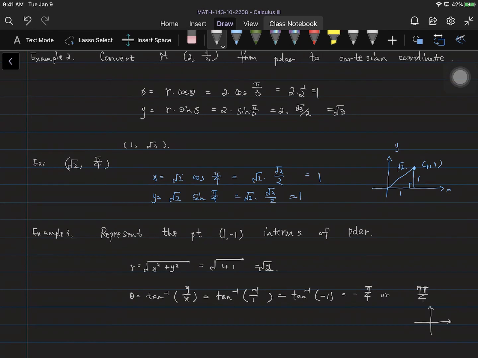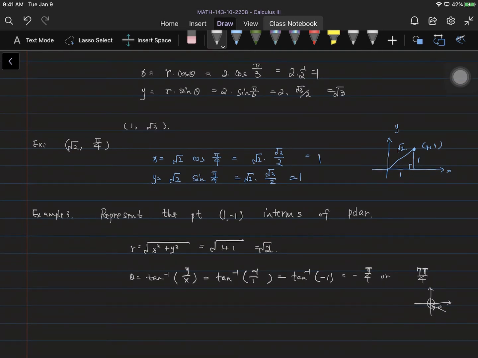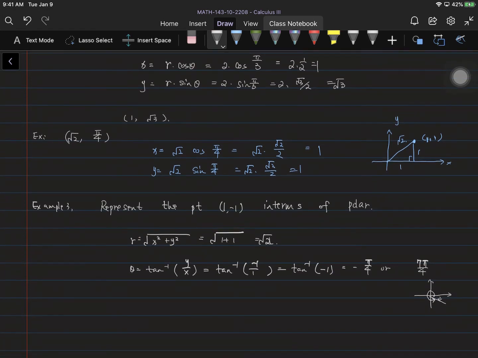They are all here. If you look at this way, it's negative pi over 4. If you look at this way, it is 7 pi over 4. But tangent of that value is just negative 1. Okay. So our polar coordinate for this one is root 2, negative pi over 4, or root 2, 7 pi over 4.